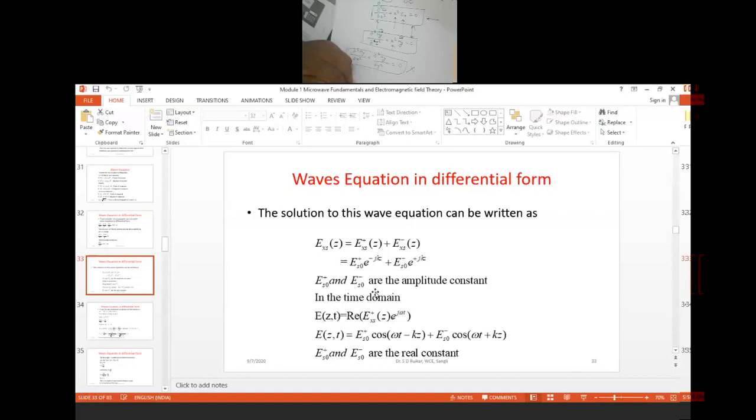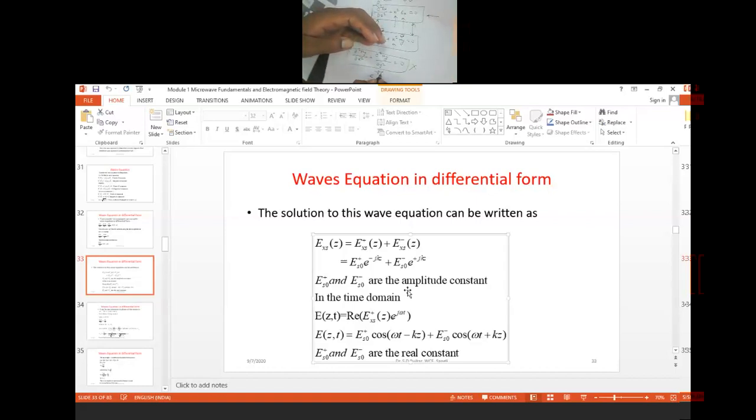In the PPT you can see that it always considers a real component, cos of omega t minus beta z. This is a real constant, and there are the terms e raised to minus gamma z and e raised to plus gamma z.